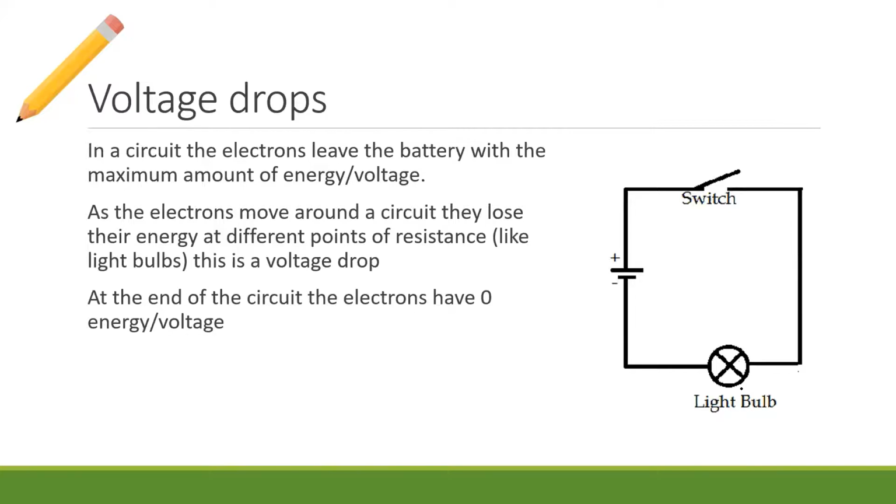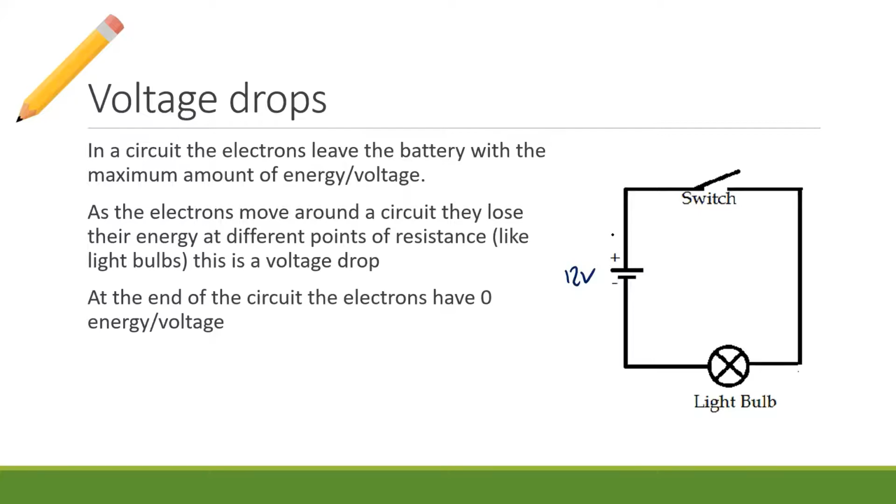In a circuit, the electrons leave the battery with the maximum amount of energy or voltage, right? When they leave the battery, they have the most amount of energy they will have for the whole circuit. So if I've got, let's say, a 12-volt battery, when these electrons leave, they leave with 12 volts.